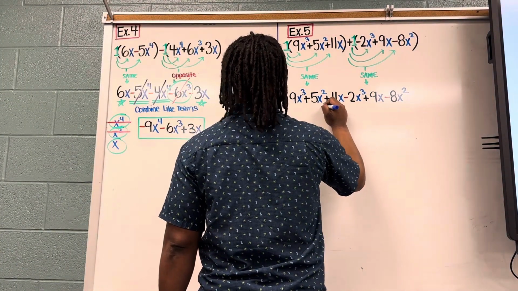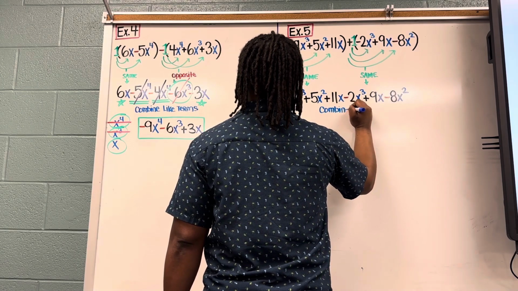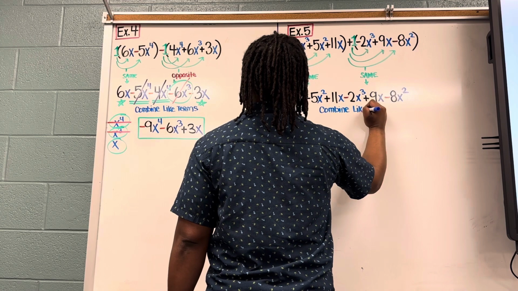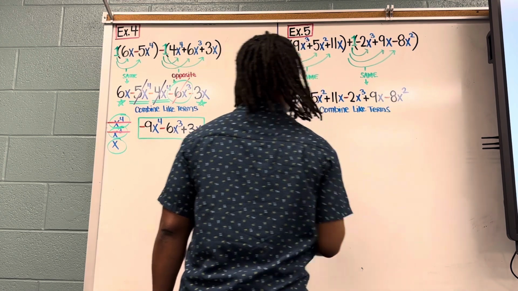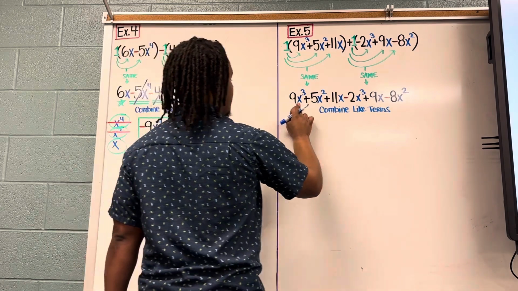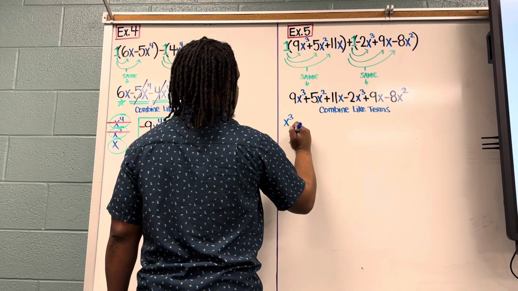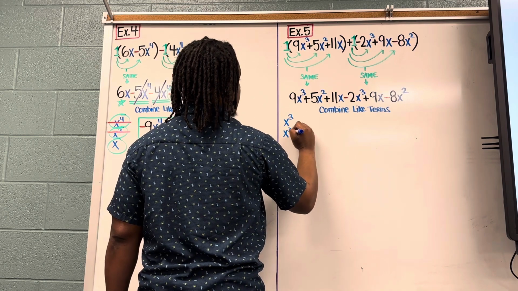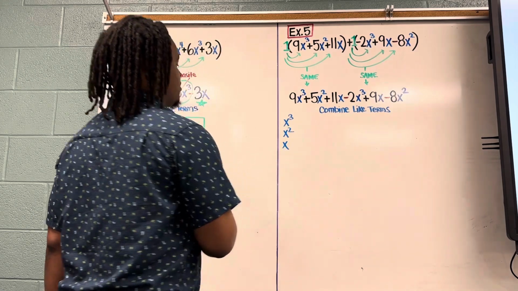And remember, guys, the next step is to combine like terms, all like terms. Okay, so the highest power of x is to the 3rd power, so it's going to be x cubed. The next highest power that I see is x to the 2nd power. Then I just see x to the 1st power, and I don't see any constants or numbers.